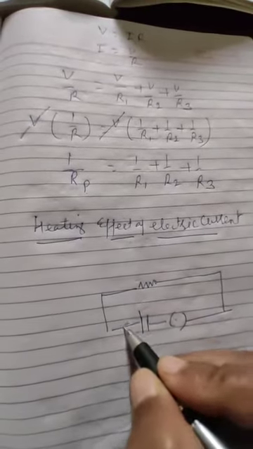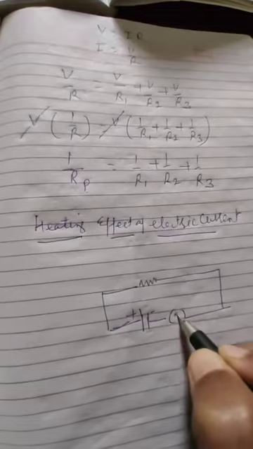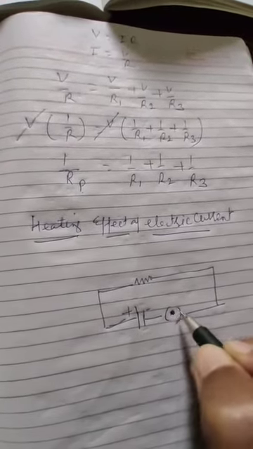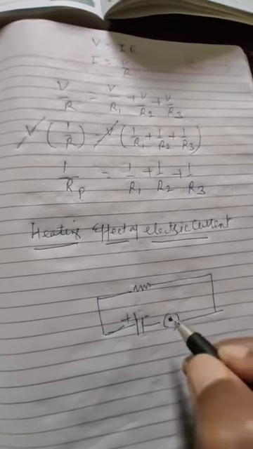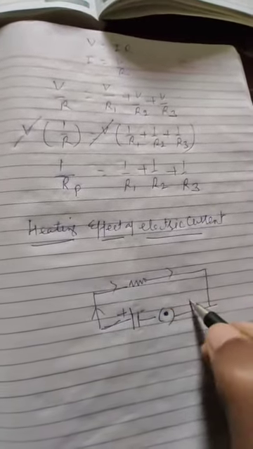Let this be a cell, this is the positive terminal, this is the negative, and this is the key. This point indicates that the key is inserted and the current is flowing through the circuit.